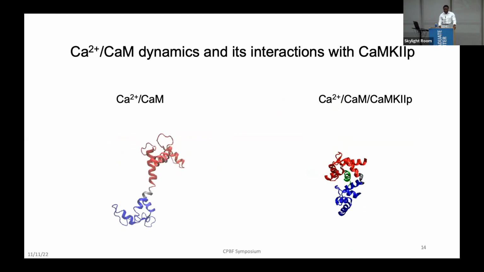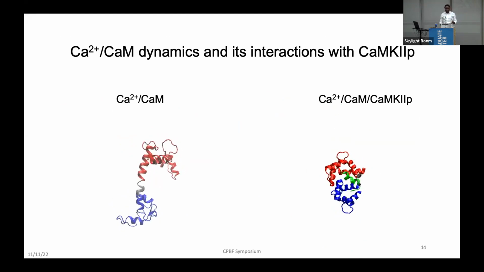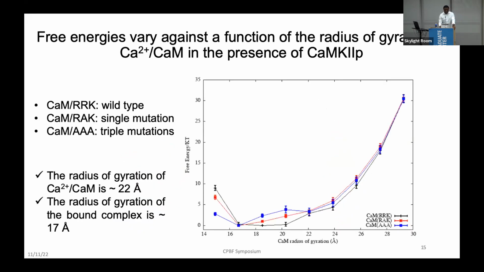Now, in order to better understand how this peptide interacts with calmodulin, we plotted the one-dimensional free energy profile of each complex as a function of the radius of gyration of calmodulin. I want to remind you here that the Rg of calmodulin has been determined, either experimentally or numerically, to be around 22 angstrom, and that of the bound complex around 17 angstrom.